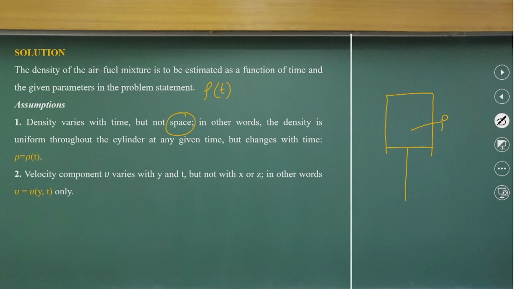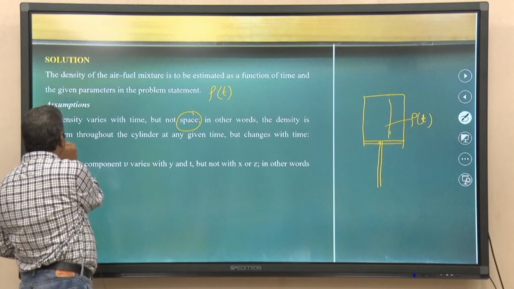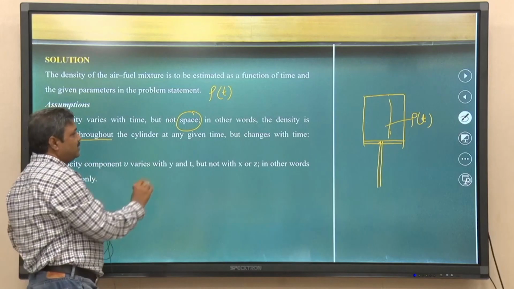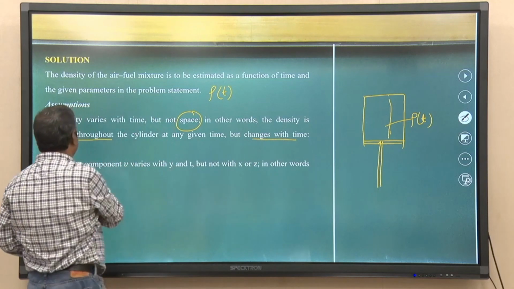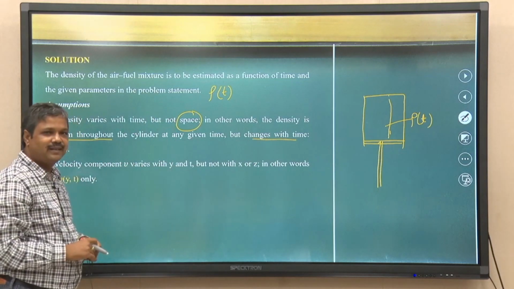Here we are considering the density to be uniform in the cylinder, and it only changes with time. That is the assumption, you can clearly write it.